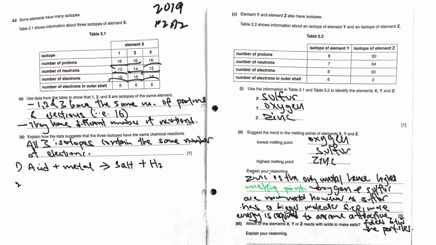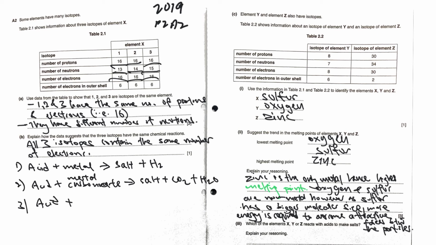This is the first one. Second one will be acid plus metal carbonate, giving you salt plus CO2 plus H2O. And lastly, you have your acid plus base, right, to give you your salt plus your H2O, right?